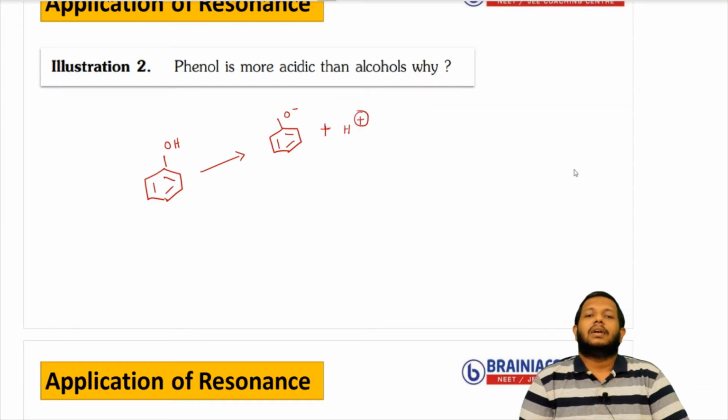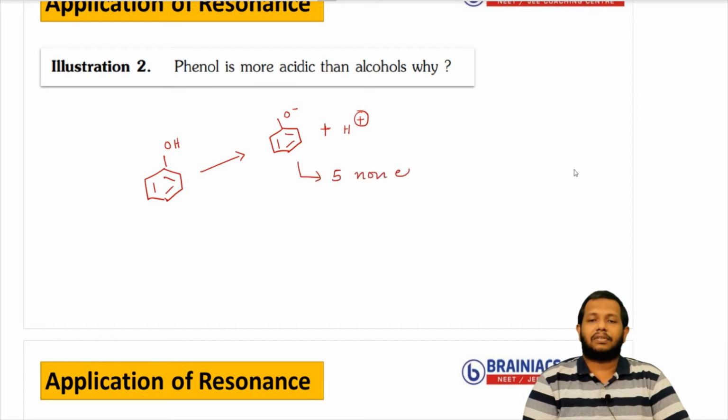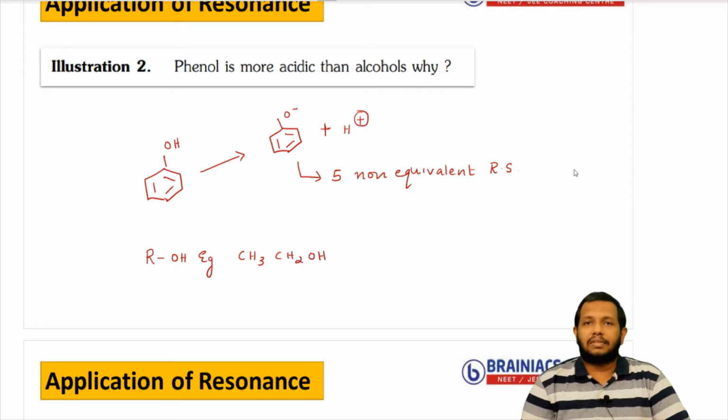Now we know that this has 5 non-equivalent resonating structures. Now the next one, alcohols, normal alcohols, that is ROH. One example I can take here is CH3CH2OH, ethanol. In this case, after donating the H plus, this will become CH3CH2O minus and H plus, correct?